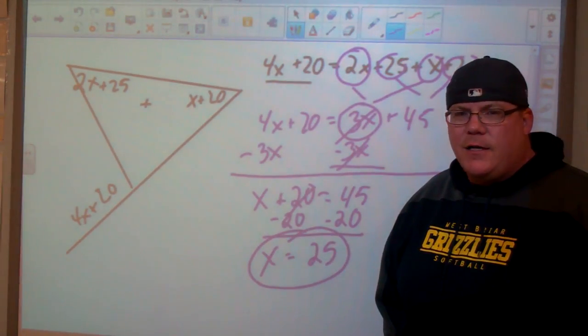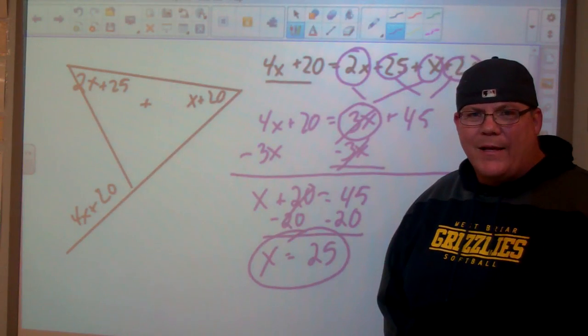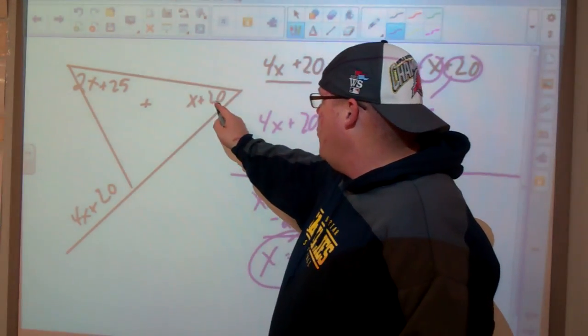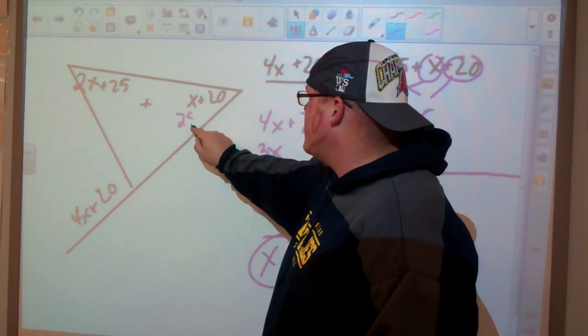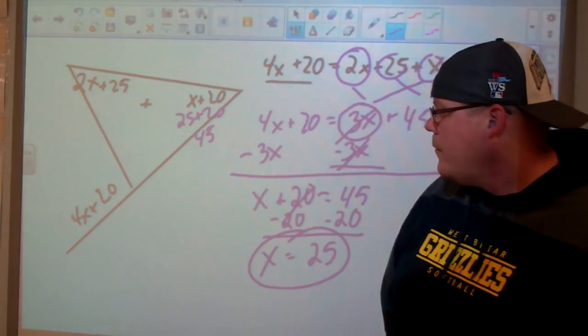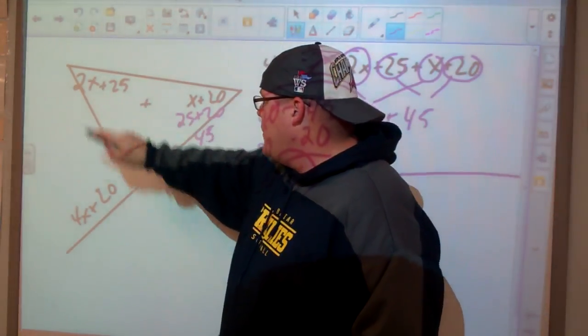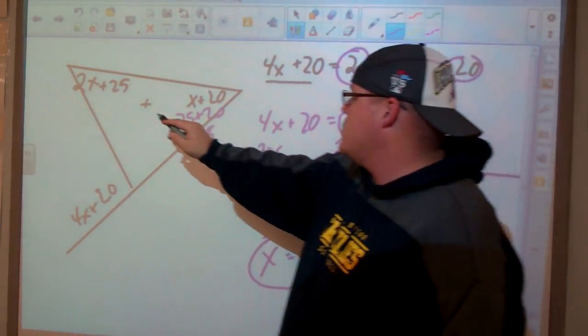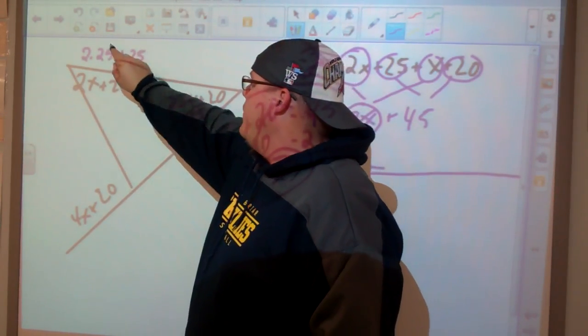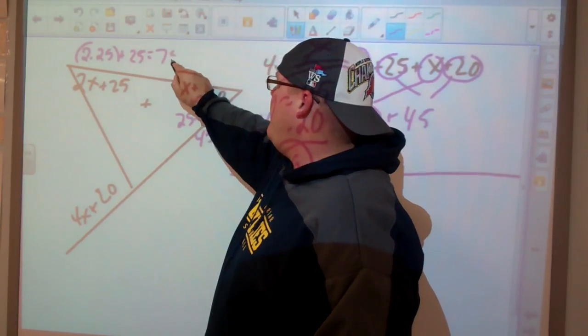The last thing I need to do is input that value back into the functions to solve for the angles. So this angle, x plus 20, is 25 plus 20, which is 45. This angle, 2x plus 25, is 2 times 25 plus 25, which is 75.